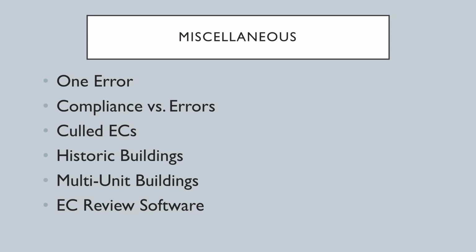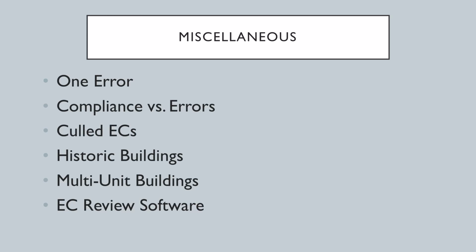Next, let's discuss the software used for reviewing ECs. ISO's review process consists of a software that reads ECs. Then, a resource specialist checks each field to ensure it was read correctly. Next, another piece of software is used to determine errors and possible non-compliance issues. Finally, a resource specialist confirms that the errors and compliance checks were done appropriately.